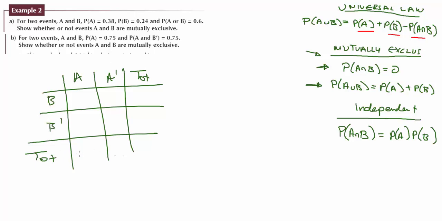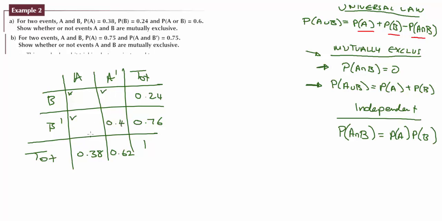Probability of A is 0.38, which makes this 0.62. Probability of B is 0.24, which makes this 0.76. And you know that the probability of A or B, these four, is 0.6, which makes this 0.4.